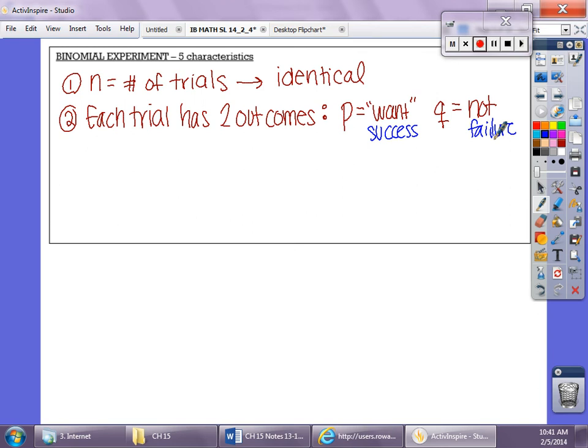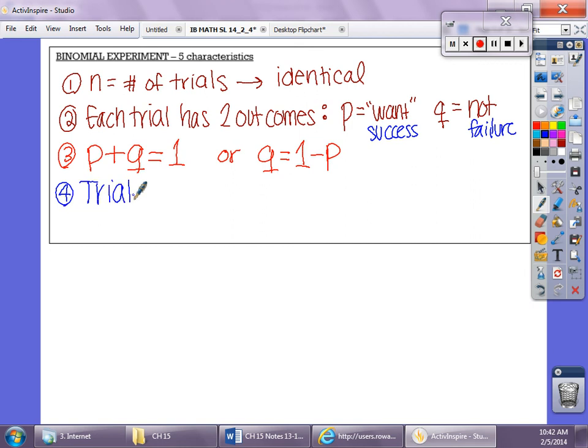All right, third property is the fact that, exactly what I just said, success probability plus failure probability equals 1, or obviously the failure probability is equal to 1 minus p, things that we should know. The fourth is that all the trials are independent, so one trial doesn't affect another trial.